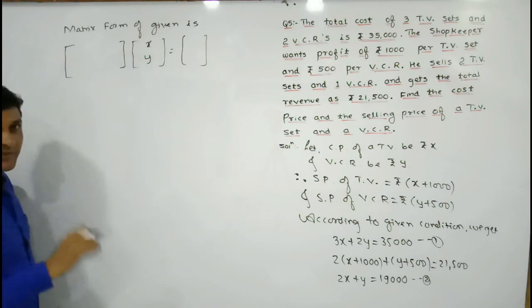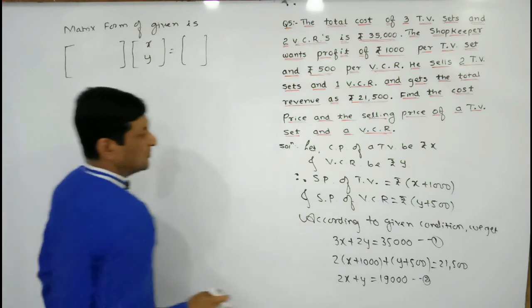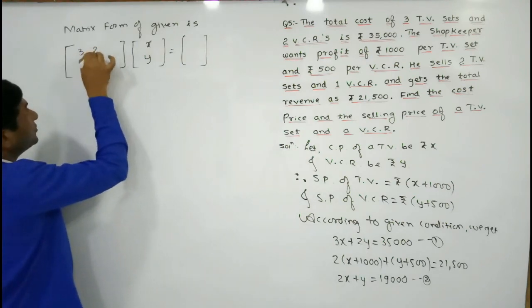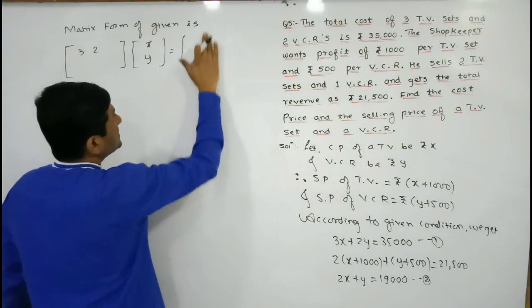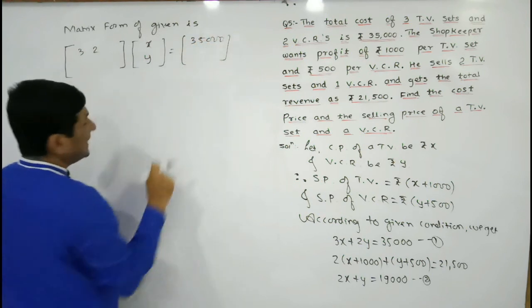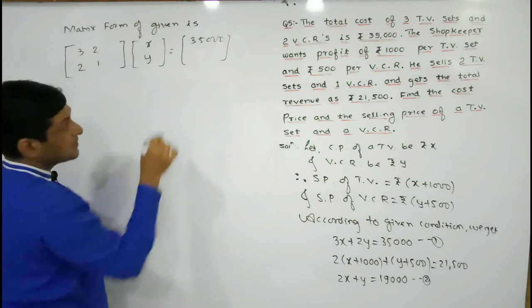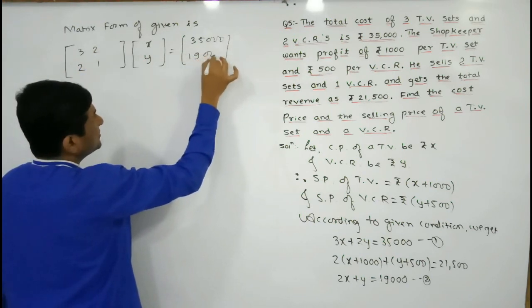In this example, variables we have denoted by X and Y. What are the coefficients? 3, 2, and what is the constant term? Constant term is 35,000. And in the second equation, coefficients are 2, 1, and constant term is 19000.